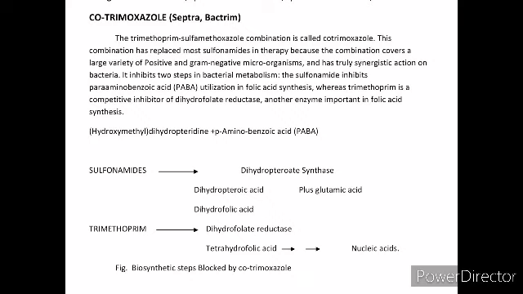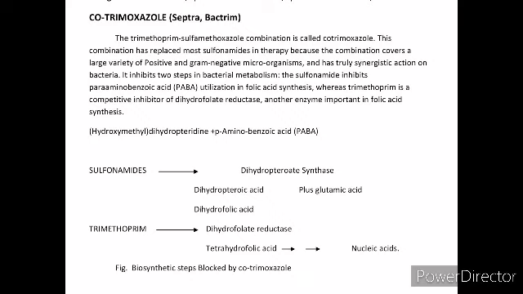Now what is the mechanism? It inhibits 2 steps in the bacterial metabolism. And now we can see here in the diagram, sulfonamides inhibit the dihydropteroate synthase enzyme. Now this converts dihydropteroic acid and glutamic acid into dihydrofolic acid, and then that is converted into tetrahydrofolic acid, which is required for the bacteria.